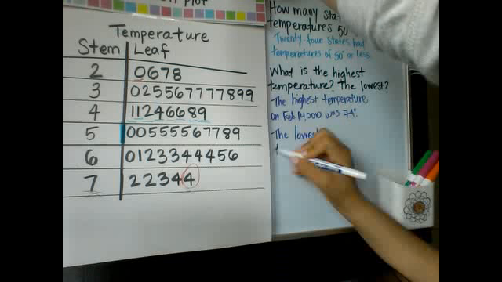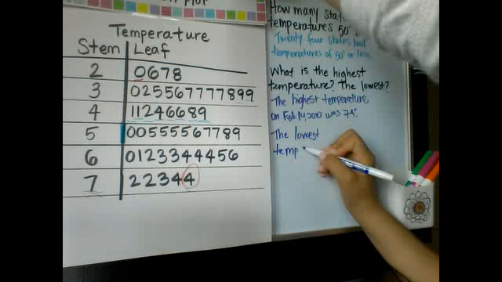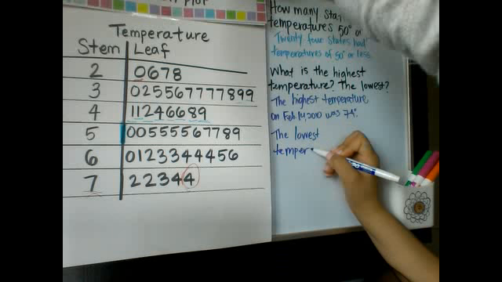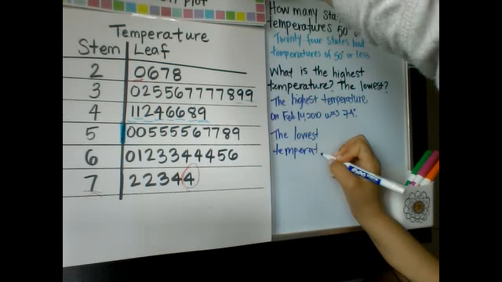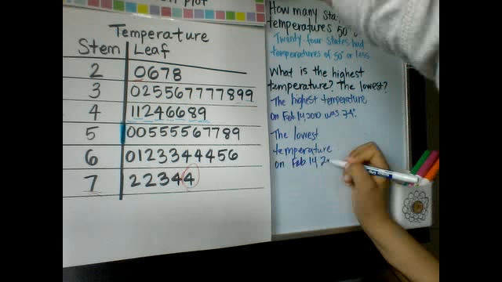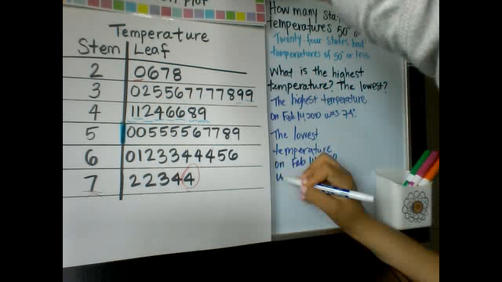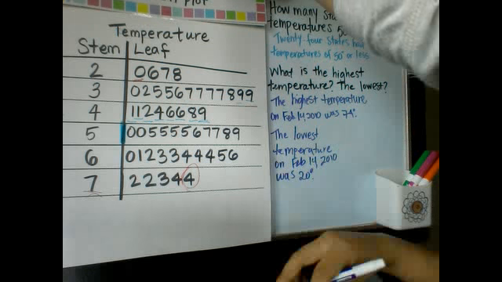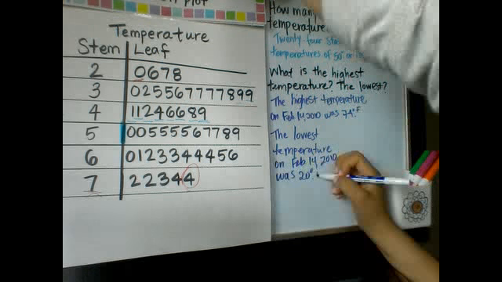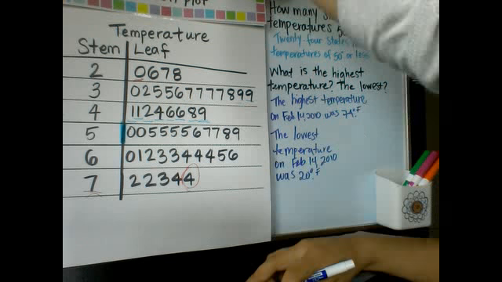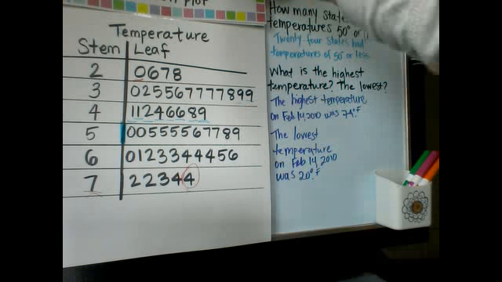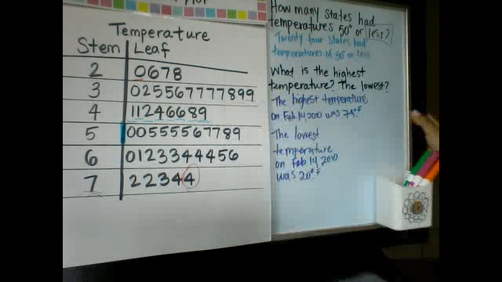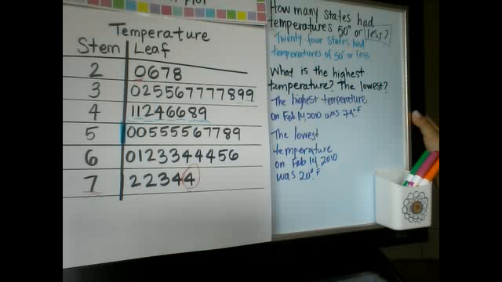The lowest temperature, the reason I'm not going all the way to the end there is because this is in the way. The lowest temperature on February 14th, 2010 was 20 degrees. Okay? And you could even do Fahrenheit. I'm going to do that. Okay, well, that is a stem and leaf plot.